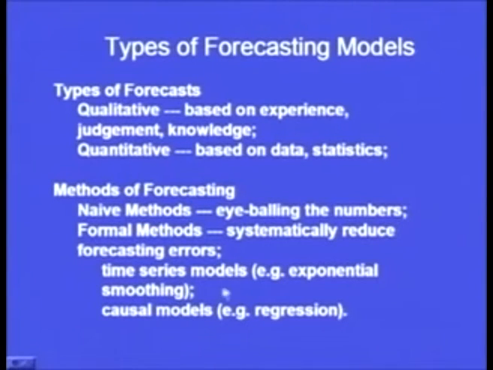Then time series models like exponential smoothing, we will see in today's class, and causal methods such as regression can also be used for generating the forecast based on historical data which is available with us. Now, the first model that we are going to cover today is the simple moving average model.